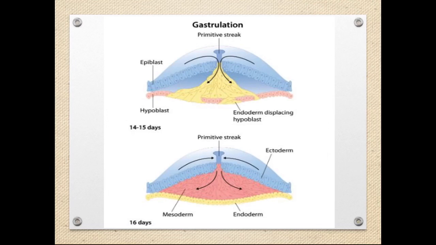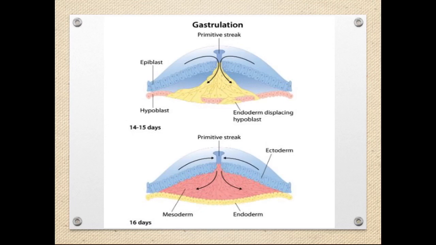If we look at it in a broader aspect, all the tissues can be traced back to three primary germ layers: ectoderm, mesoderm and endoderm, right?